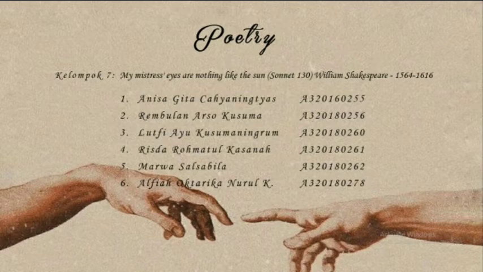My name is Risda Rohmatul Kasanah and my student number is A320180261. My name is Marwa Salsabila and my student number is A320180262. Okay, and the last is me. My name is Alfiah Oktarika Nurul Khasanah. My student number is A320180278.